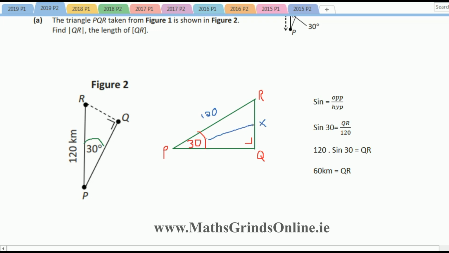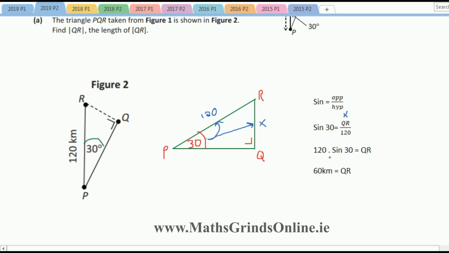So we're looking at opposite over hypotenuse. That's obviously sine. Sine is equal to opposite over hypotenuse. So the sine of 30 is equal to what I'm calling X in the diagram, which here is QR, over the hypotenuse, which is 120. That means I multiply both sides by 120.